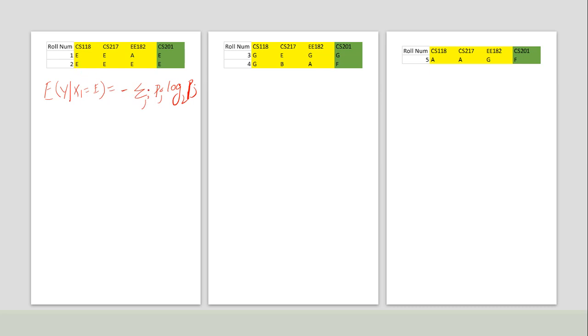Again, this G now actually corresponds to this column. As we can see, we have the same value repeated for all the records, so I can directly say that the entropy should be 0.